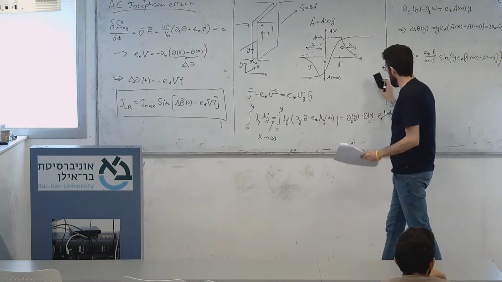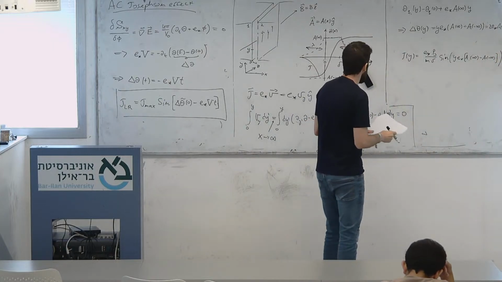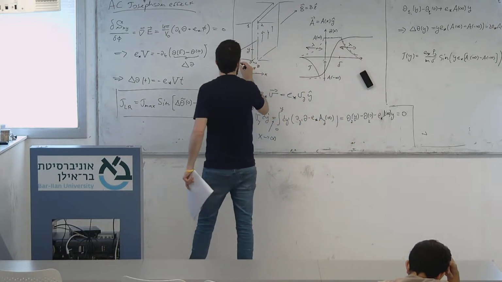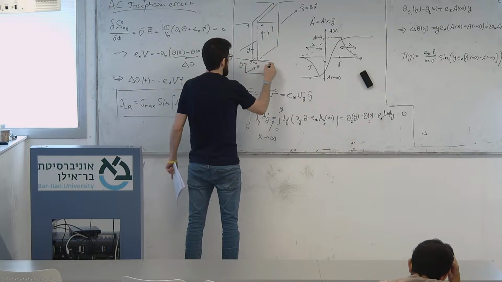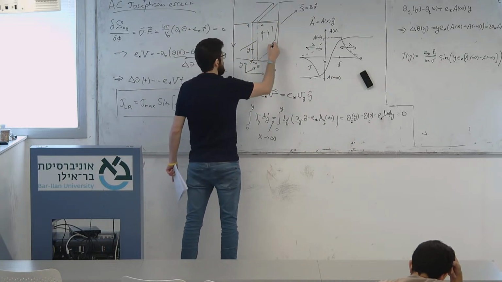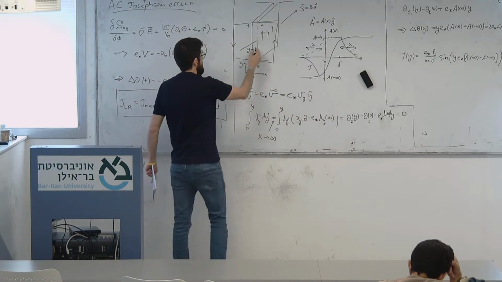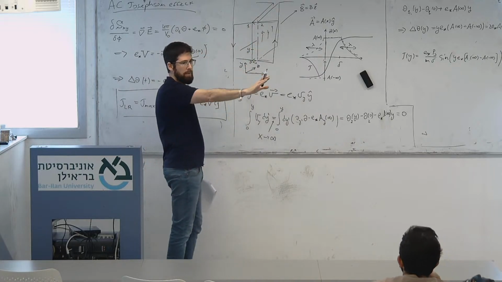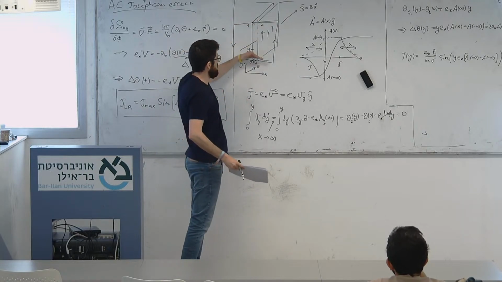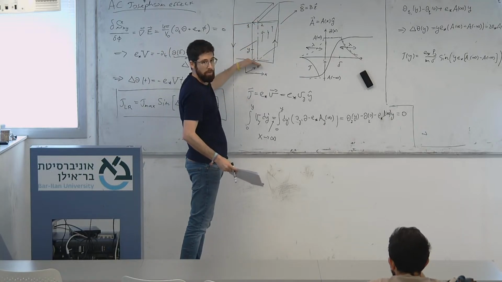Now on the other hand, we can connect this to the flux. Because imagine that we perform a closed contour like this, and we go deep, deep in. The magnetic field is perpendicular to these two things.